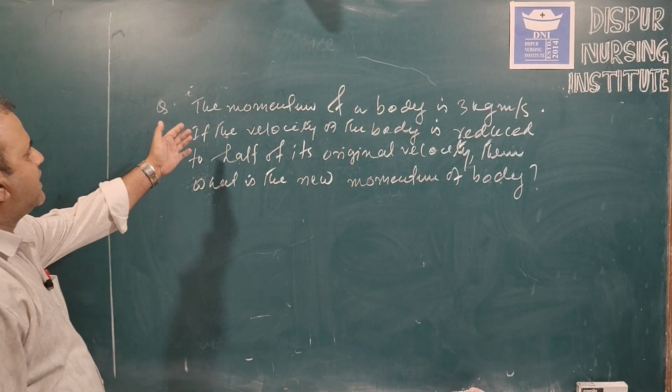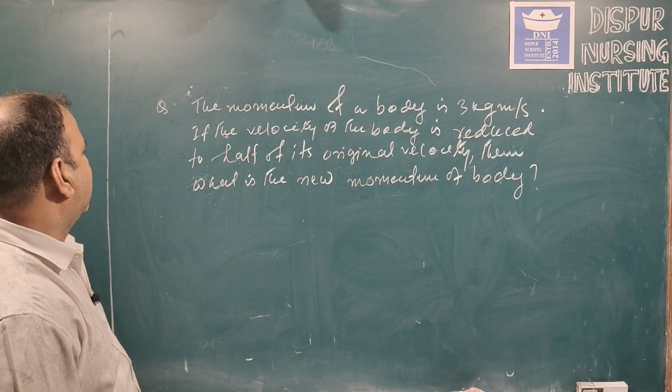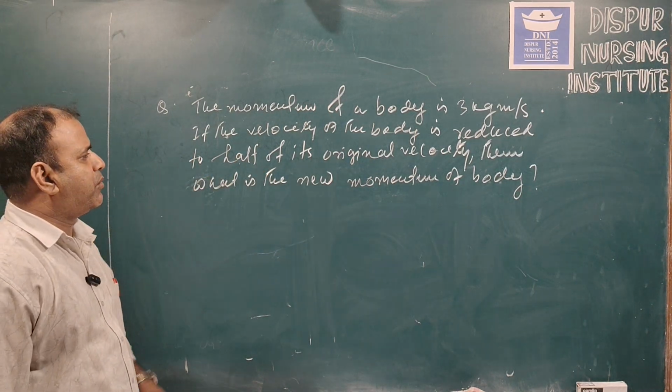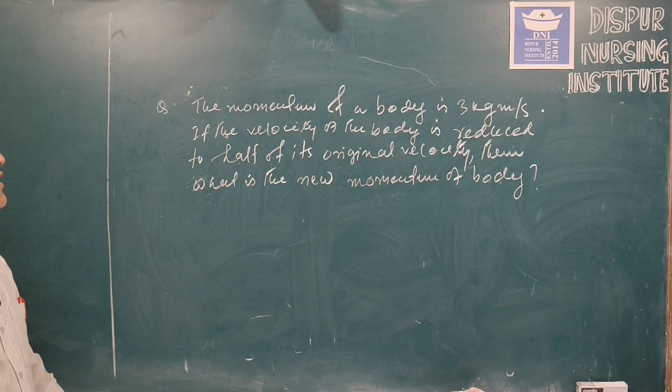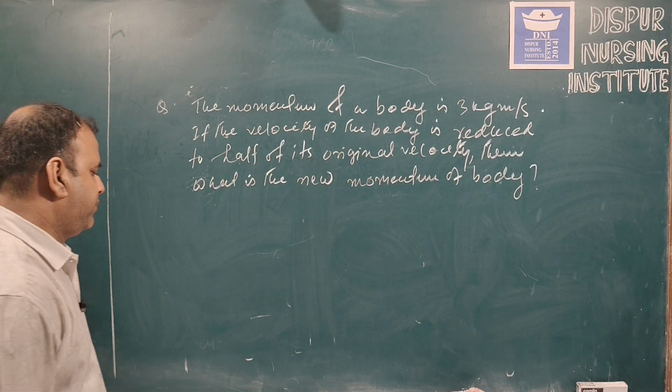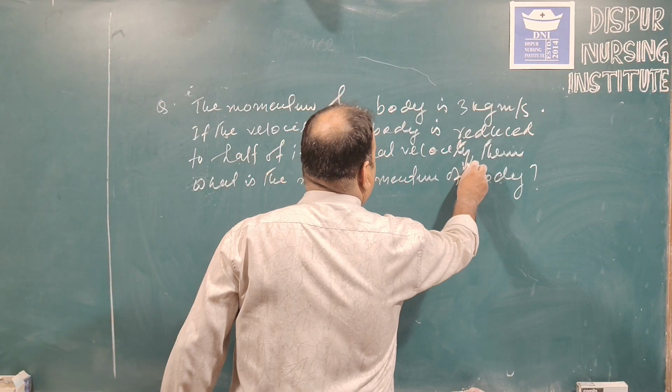So now you can see the momentum of a body is 3 kg meter per second, and if the velocity of the body is reduced to half of its original velocity, then what is the new momentum of the body?